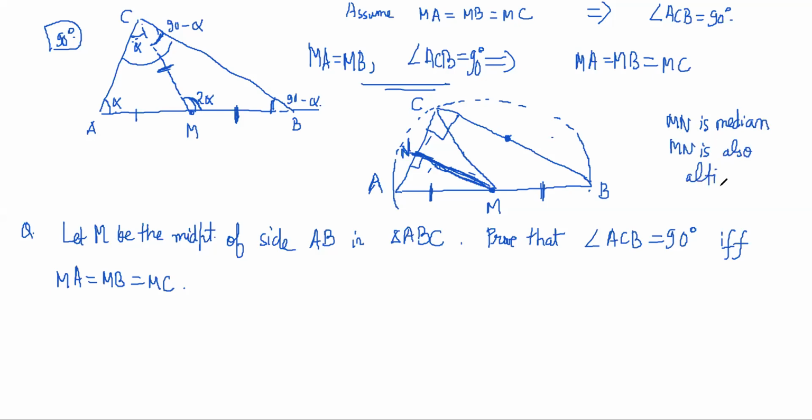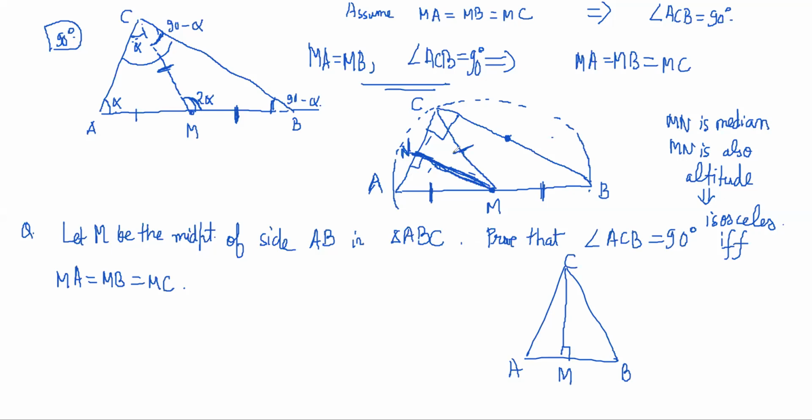That means it is an isosceles triangle, because only in an isosceles triangle does the median make 90 degrees. So if it is isosceles, then this side is equal to this side. So MA is equal to MC, and MA was already equal to MB, so it is done.